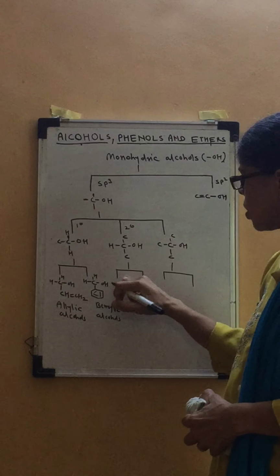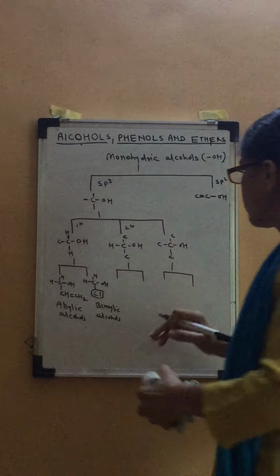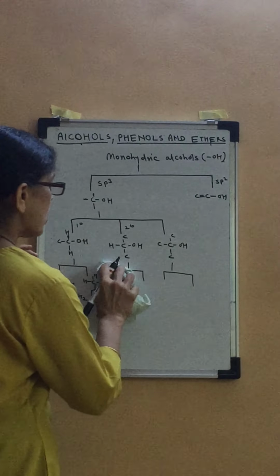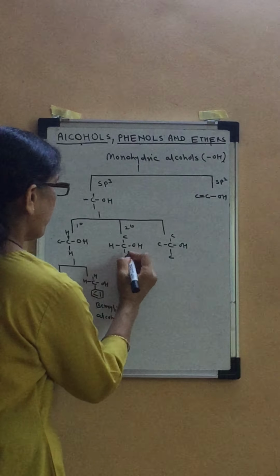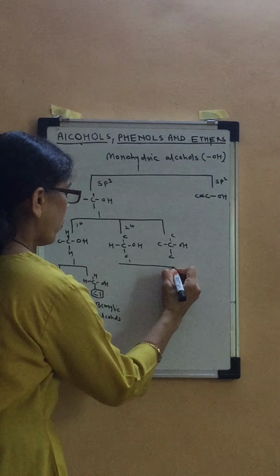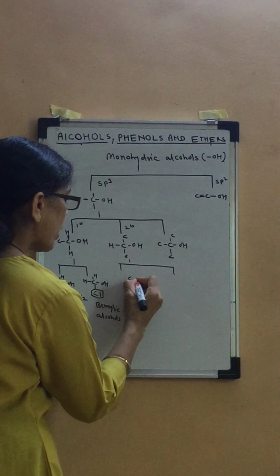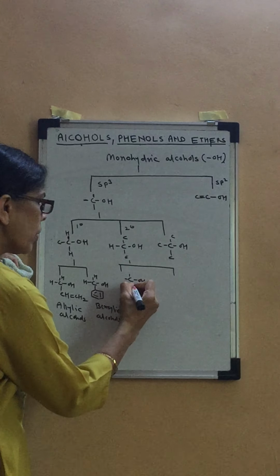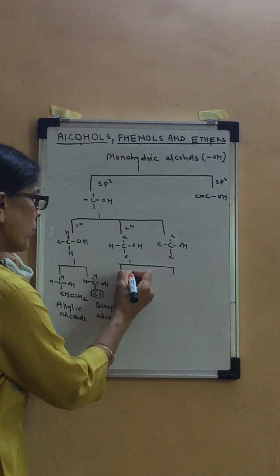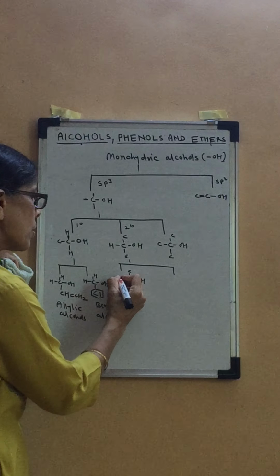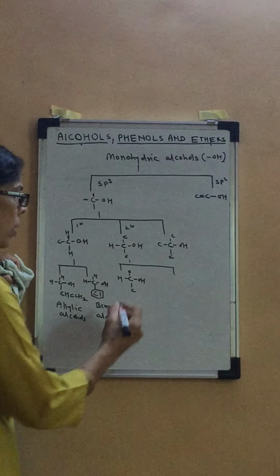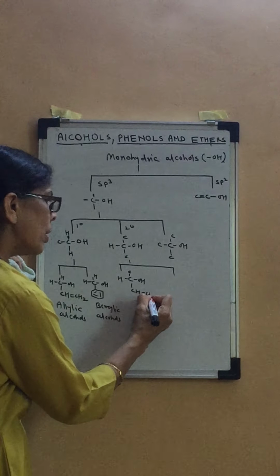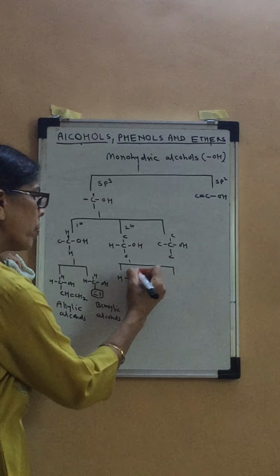Similarly, we can classify secondary and tertiary also. See how the secondary are classified. The OH-carrying carbon atom is sp3 hybridized, singly bonded, secondary in nature, bonded to 2 other carbon atoms, and one of the carbon atoms is part of an allylic system.